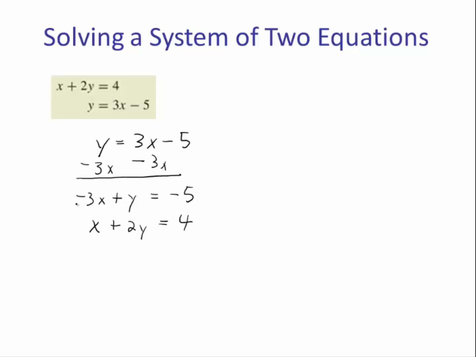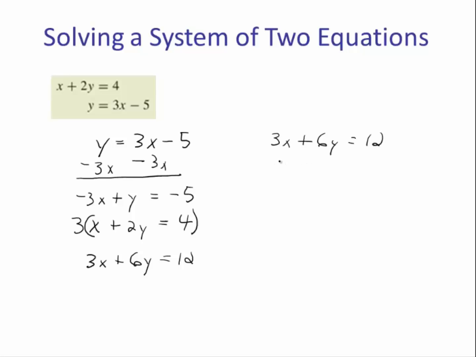What we want to do is eliminate either the x or the y. I'm going to eliminate the x. So that means I need to multiply this equation by 3. This becomes 3x plus 6y equals 12.